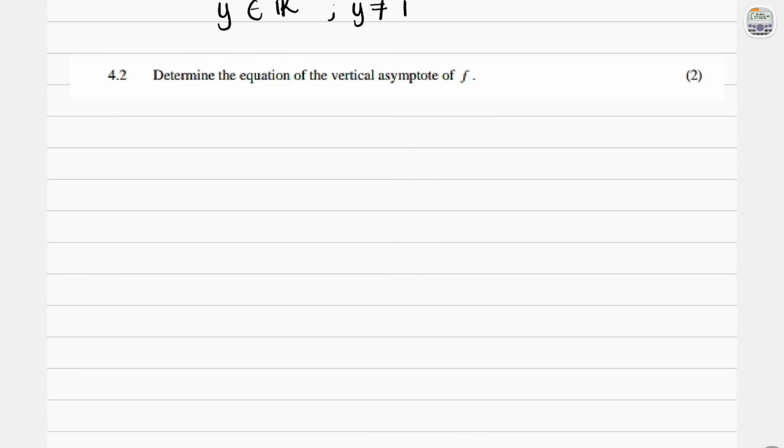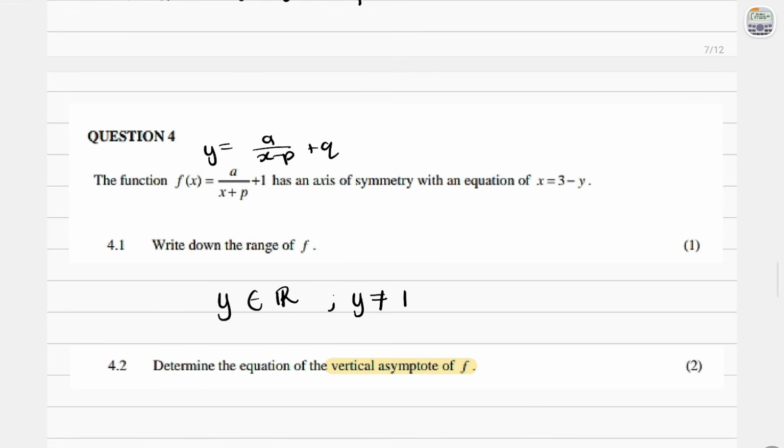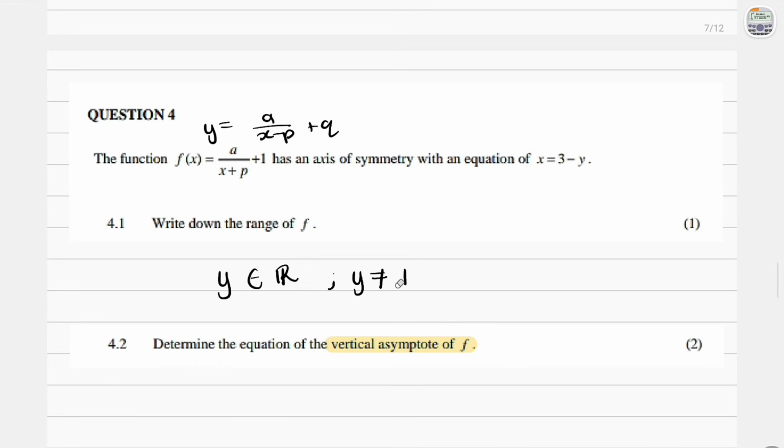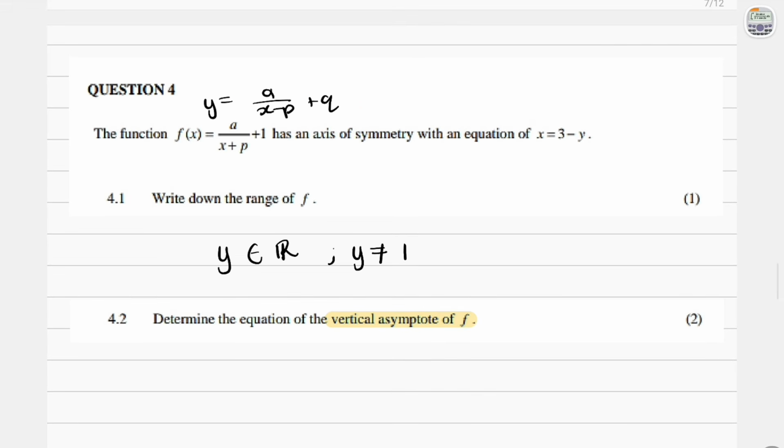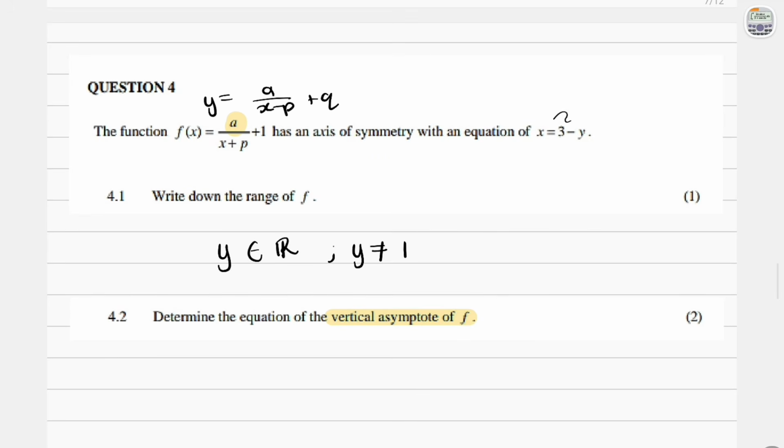Question 4.2 says, determine the equation of the vertical asymptote of f. So from the previous question, you can see the horizontal asymptote is at y equals 1. And to find the vertical asymptote, you can see they didn't really give us the value of a, so you can't really use that and any points or anything like that. So what we could use is this.